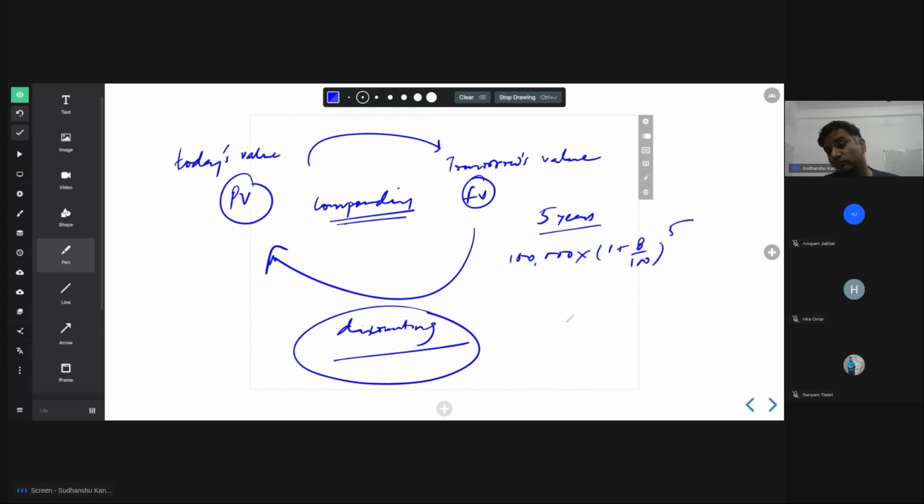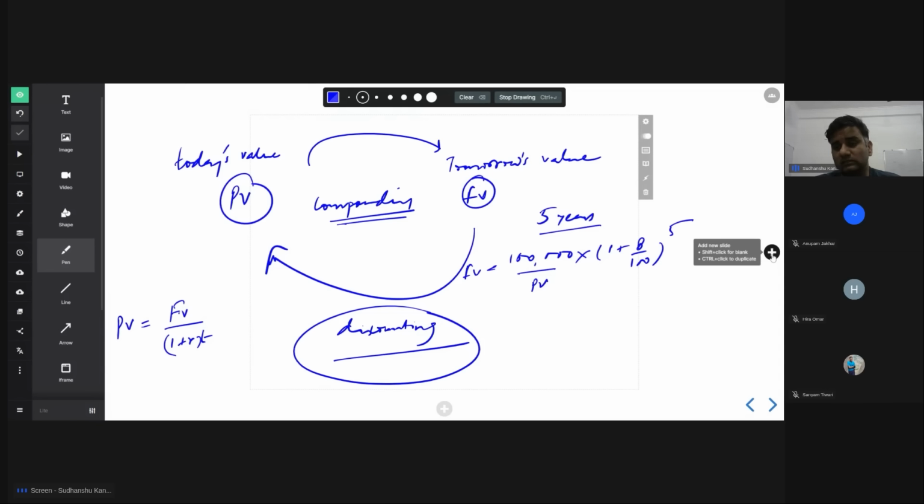So this was present value, multiplied by 1 plus r, and I got future value. If somebody gives the future value and asks to find the present value, I divide the future value by 1 plus r raised to power t, and I'll get the present value. Both ways it works perfectly fine. So keep that in mind.